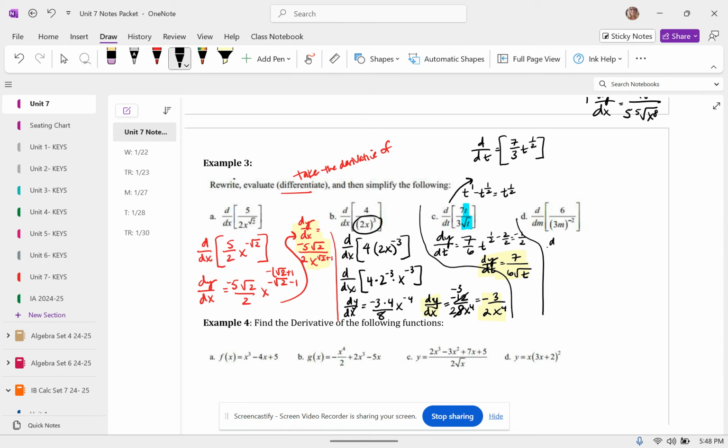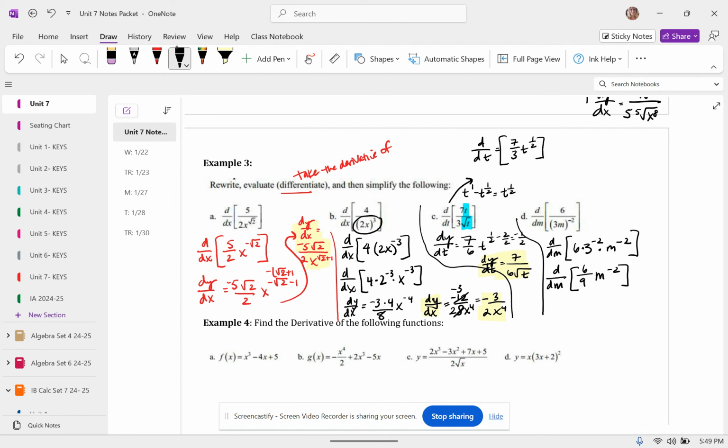Okay, so this is d/dm. Take the derivative with respect to m. So then I would have 6 times 3 to the negative second times m to the negative second. So 6 over 9 m to the negative second.